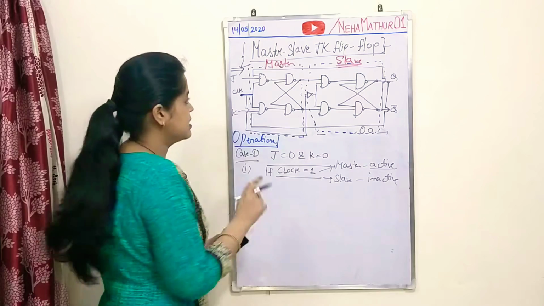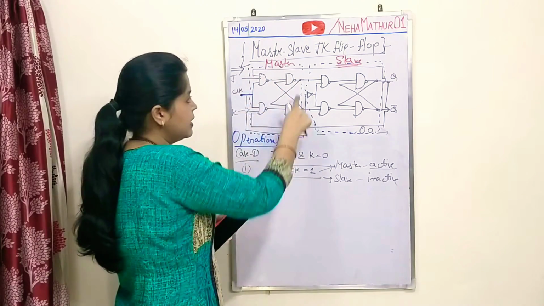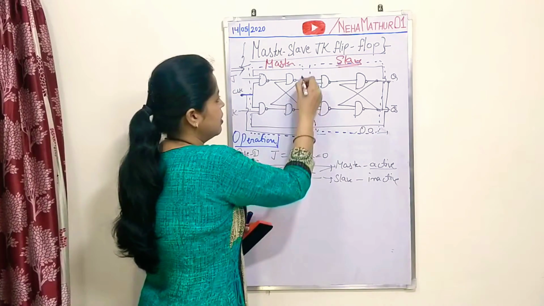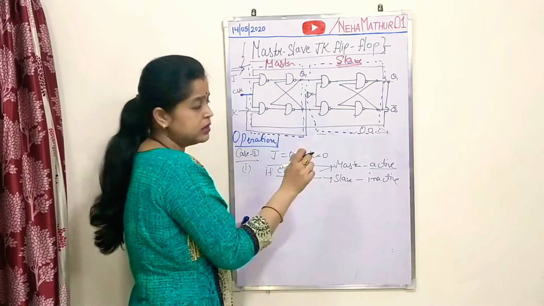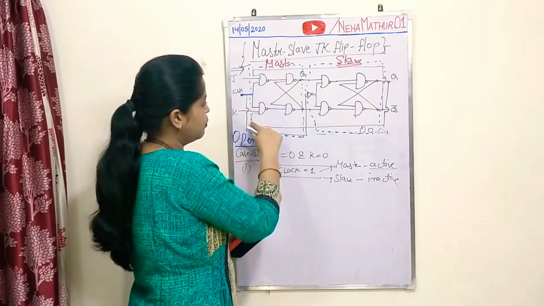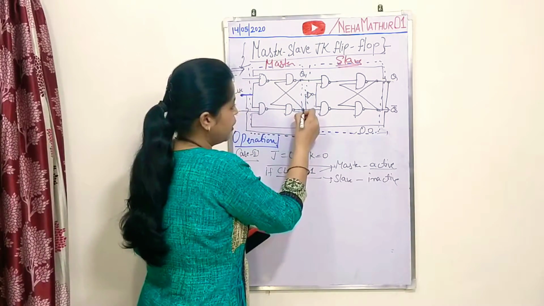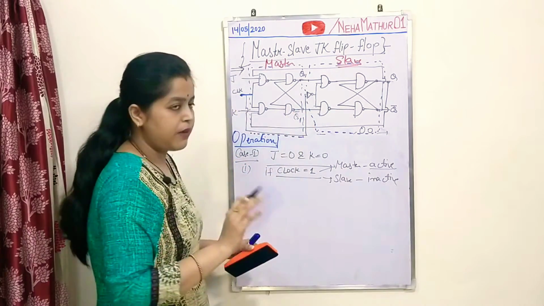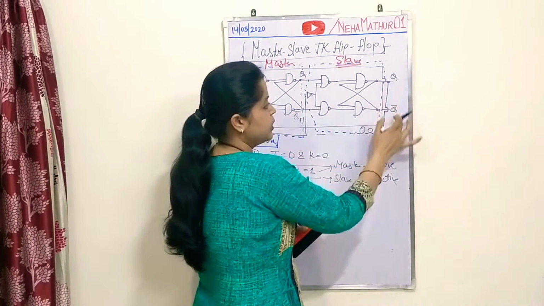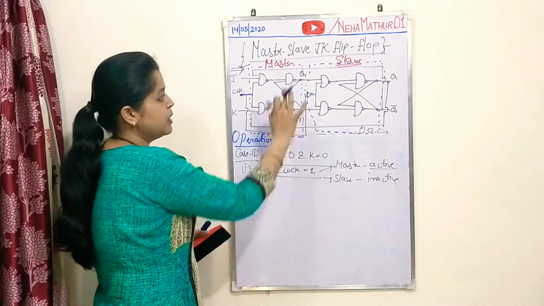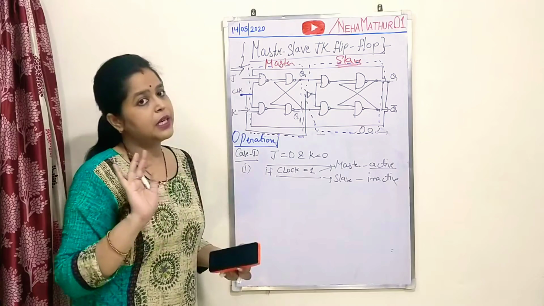Now I am assuming Q1 for the output of the front circuit, and Q1 bar for the second output of the front circuit, while the main outputs are Q and Q bar and the main inputs are J and K.